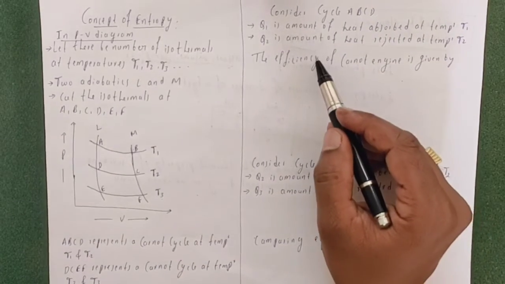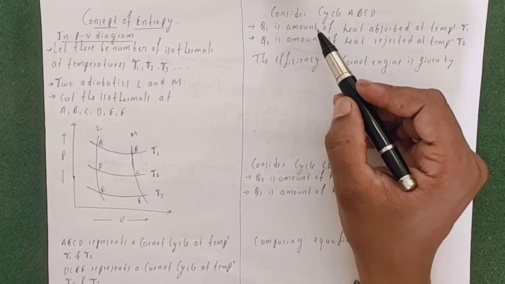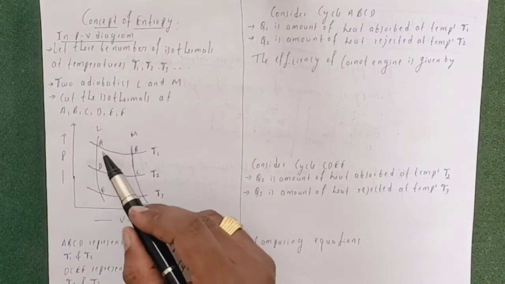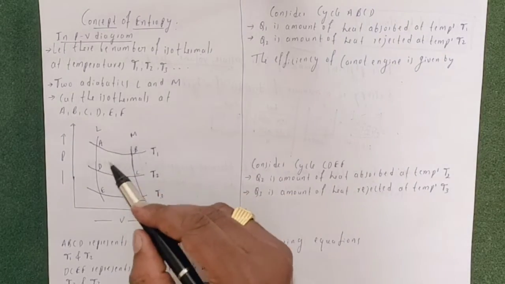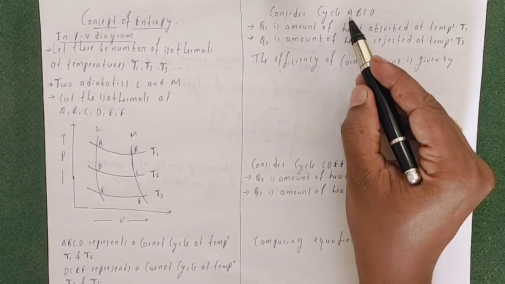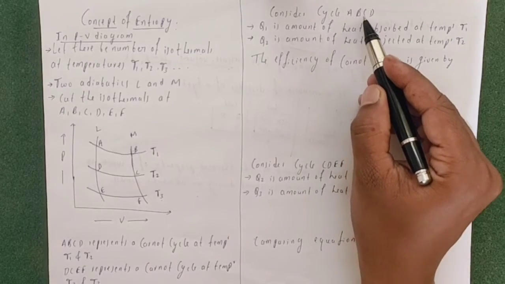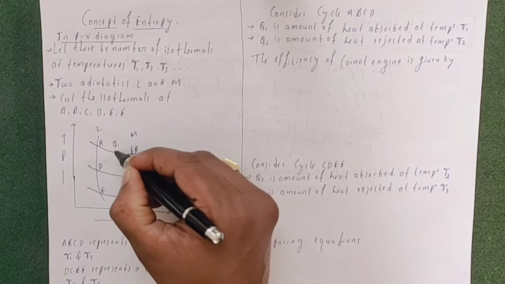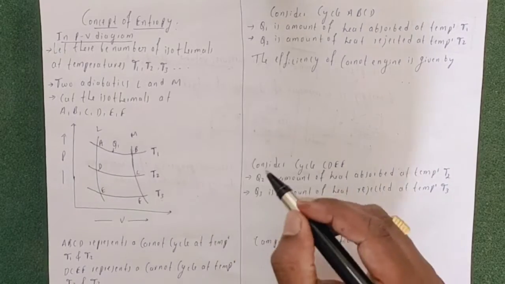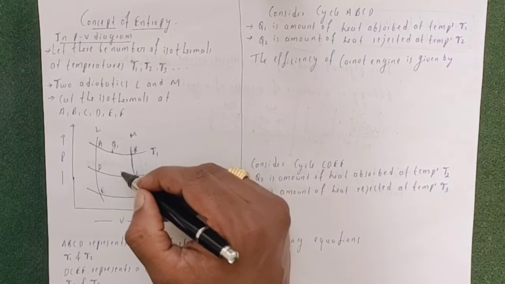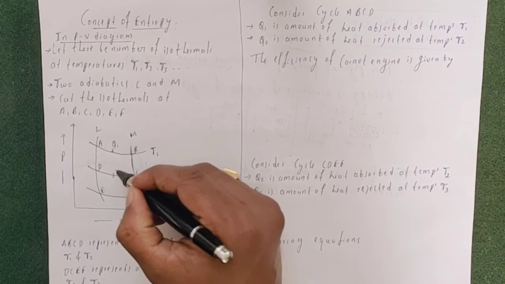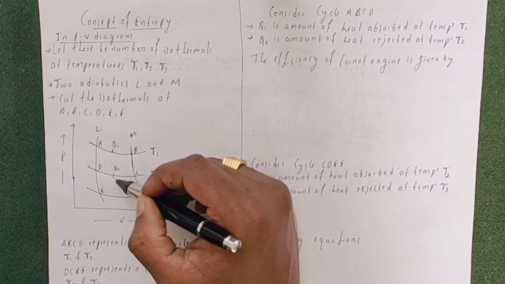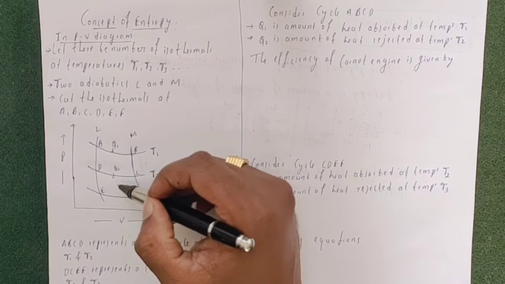Okay, we have already studied the Carnot cycle. Now I am going to consider the first Carnot cycle, A, B, C, D. Here Q1 is the amount of heat added to the engine, and Q2 is the amount of heat rejected by the system.